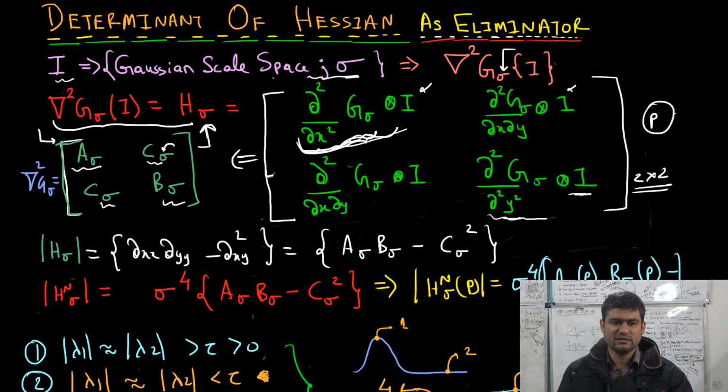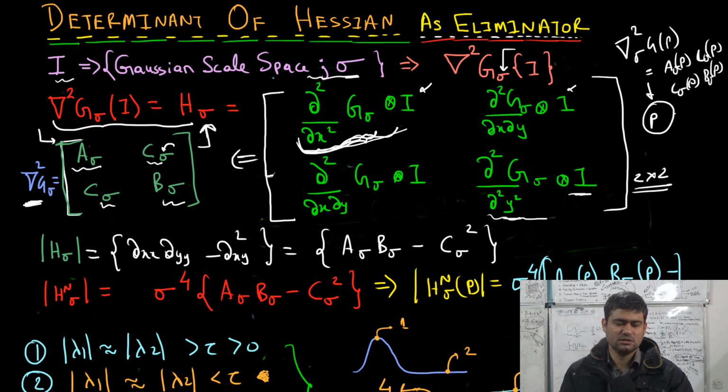Each of these matrices is going to be the same size as the image dimension, and to compute the Hessian at any given coordinate p, we can just query the matrices at point p. So the Hessian at pixel coordinate p is the same as A sigma p, C sigma p, C sigma p, and B sigma p.